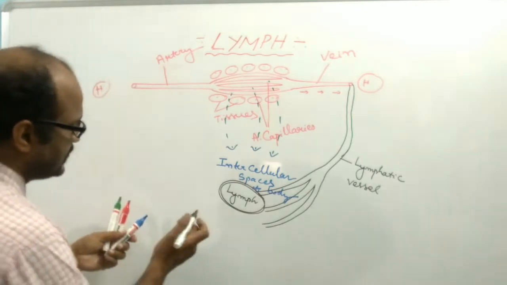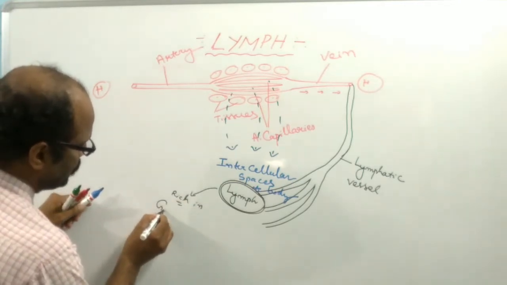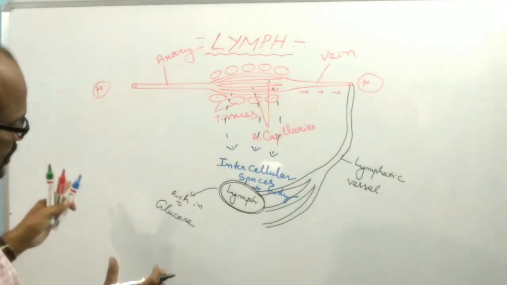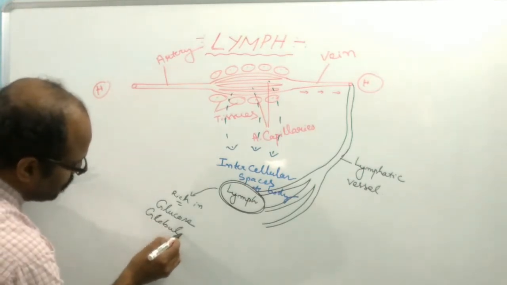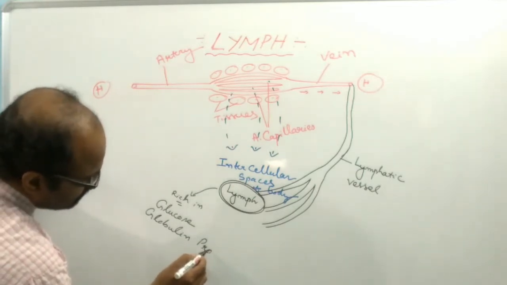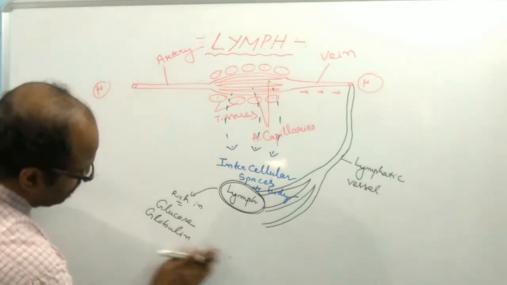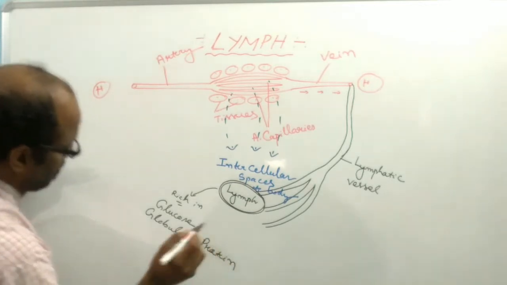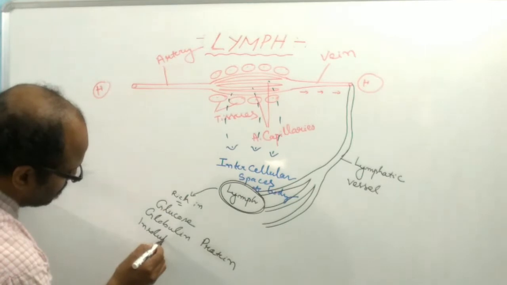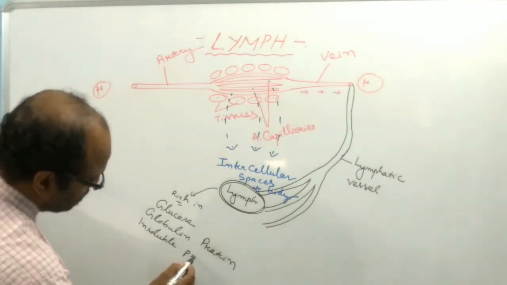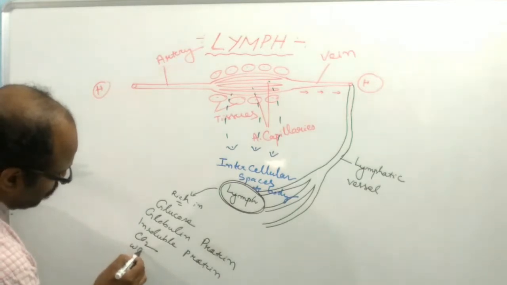Lymph is rich in glucose, contains more globulin protein, is rich in insoluble protein, and is also rich in carbon dioxide.